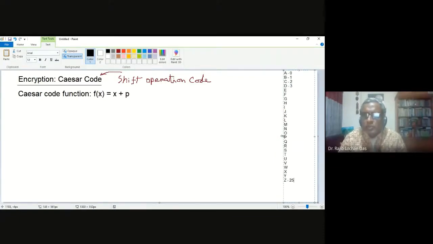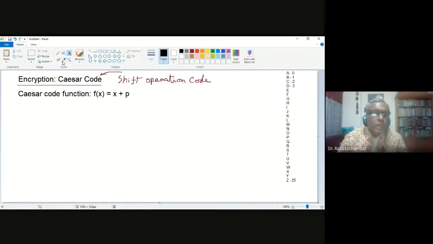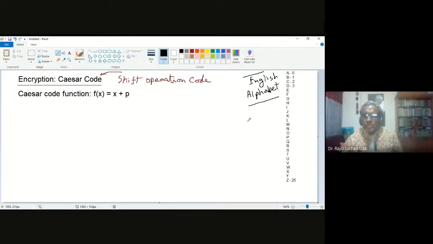That will be the last one. So we are considering 26 letters altogether, because in the English alphabet we are taking 26 letters. We assume that our messages will be written in English.